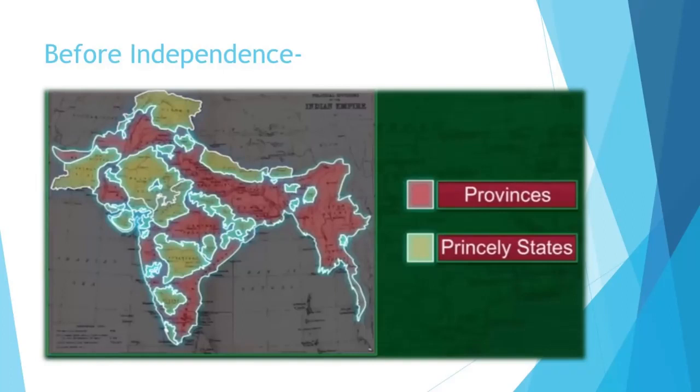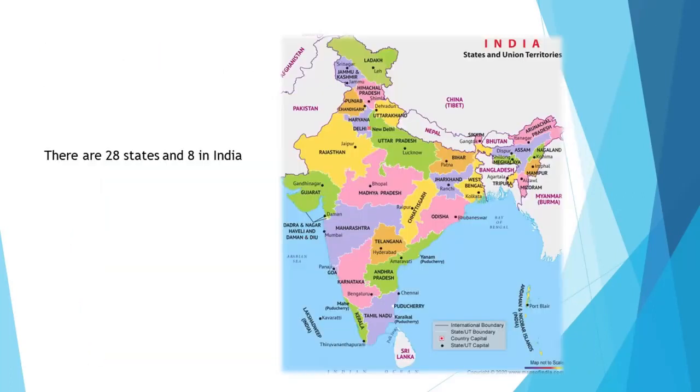However, these princely states were merged in the Indian Union after independence. Later on, the country went through several reorganizations under the State Reorganization Act. In present day, India has 28 states and 8 union territories.